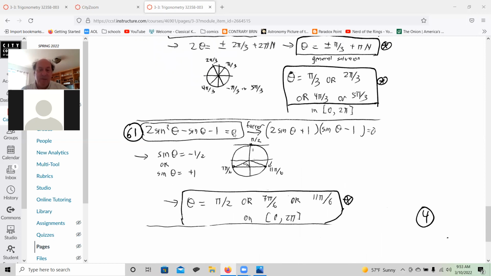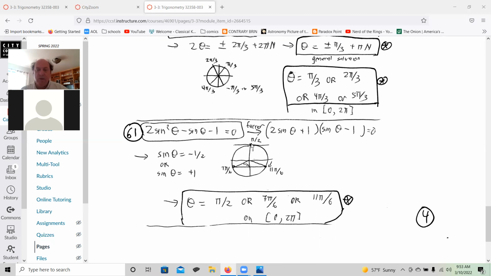Here we have a quadratic in sine. 2 sine squared minus sine minus 1 equals 0. Now we can use the quadratic formula, or we can factor. I'll factor. This on the left equals 2 sine theta plus 1 times sine theta minus 1, and it equals 0. So if this is 0, then sine theta is minus 1/2 for these two solutions. Or if this is 0, sine theta equals 1 for this solution.